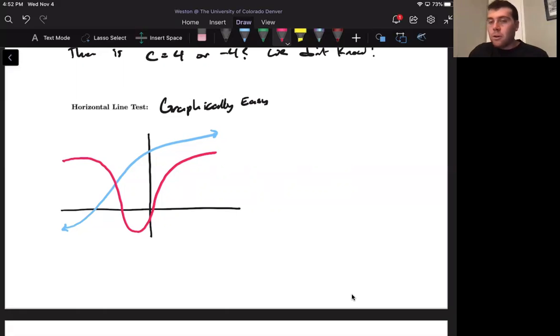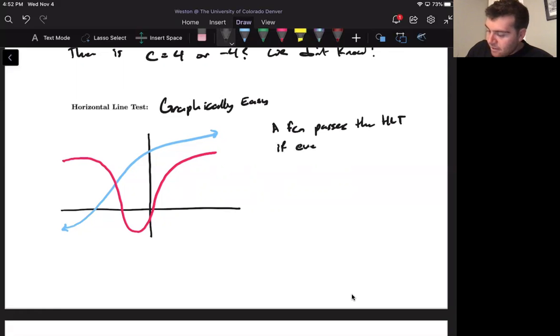And now our horizontal line test states that a function passes the horizontal line test if every horizontal line intersects the graph at most 1 point.